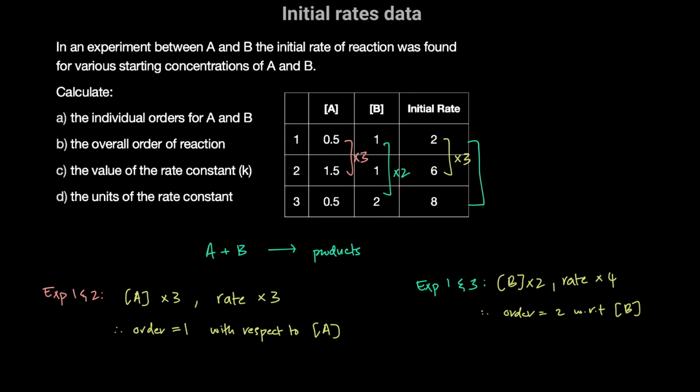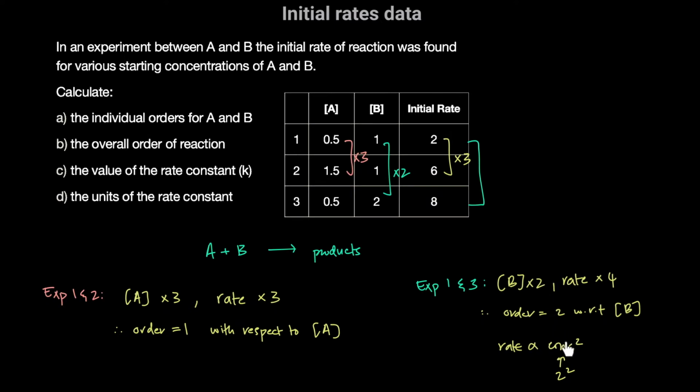So what that means is that the rate is proportional to the square of the concentration. If I double the concentration, the rate changes by a factor of 2 squared. If I triple the concentration, the rate would have changed by a factor of 9, 3 squared. We're going to raise the change in concentration to a certain power.